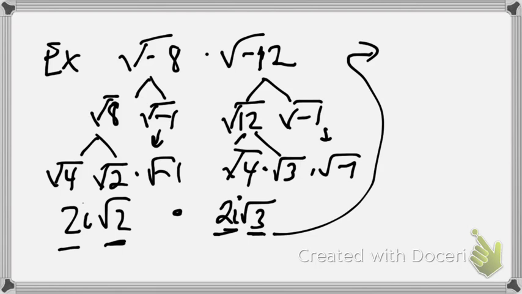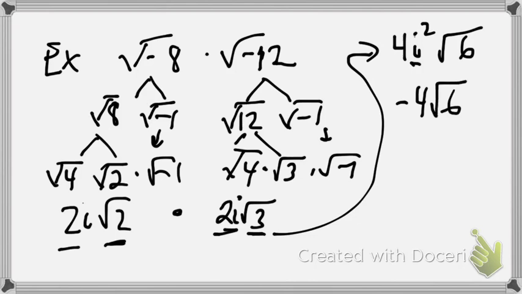So 2i times 2i is going to give us 4i squared. And then the square root of 2 times the square root of 3 is the square root of 6. Now, what does i squared equal? i squared equals negative 1. So 4 times negative 1 is negative 4 square root of 6. That's your answer.